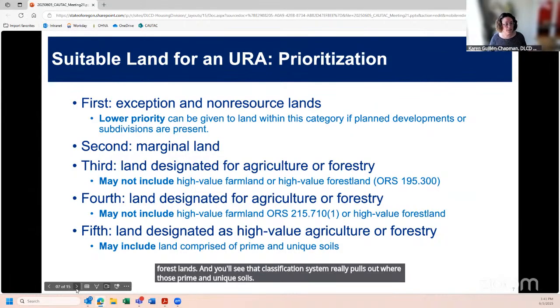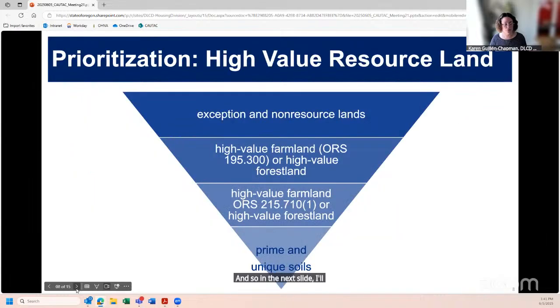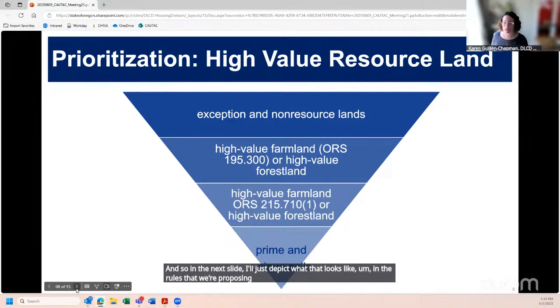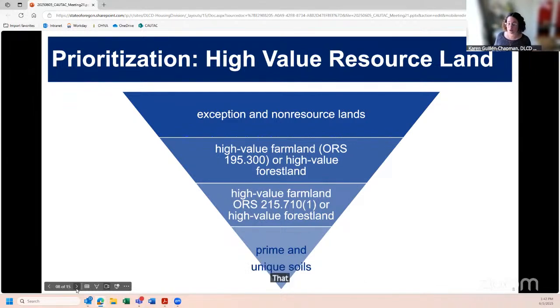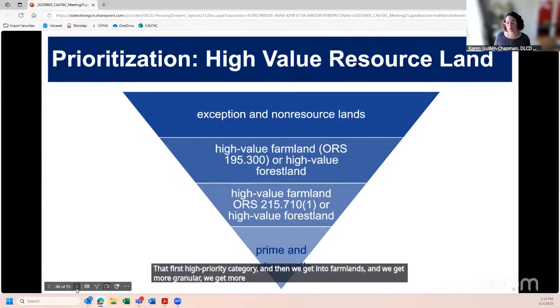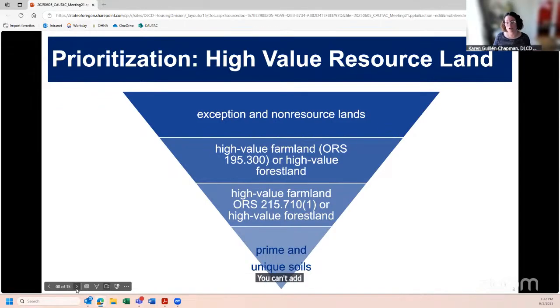And so in the next slide, I'll just depict what that looks like in the rules that we're proposing, that we start up really high with that first high priority category, and then we get into farmlands and we get more granular, we get more narrow, and we really filter out, well, you can't add all farmland. Okay, you can add some, but not the highest, most productive farmland.